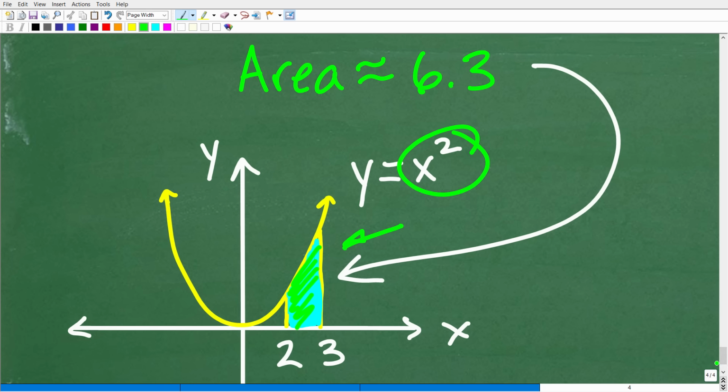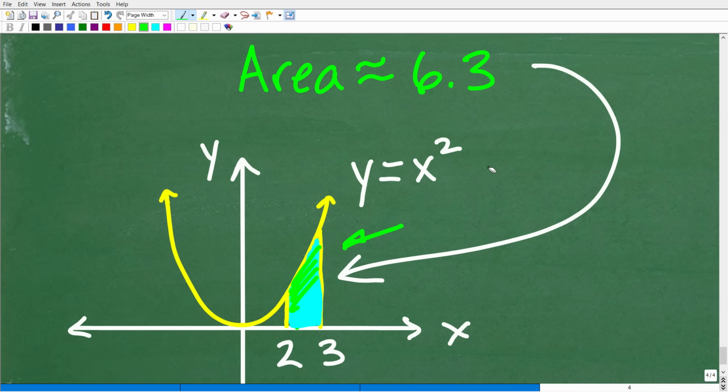And hopefully you weren't overwhelmed with the amount of math needed to calculate the area of this crazy looking shape underneath this curve. That was the main idea of this video, not to overwhelm you with advanced math. I tried to explain this in a way where pretty much anyone can understand.